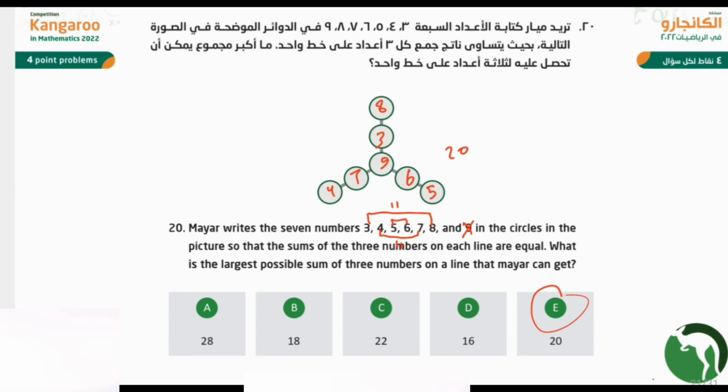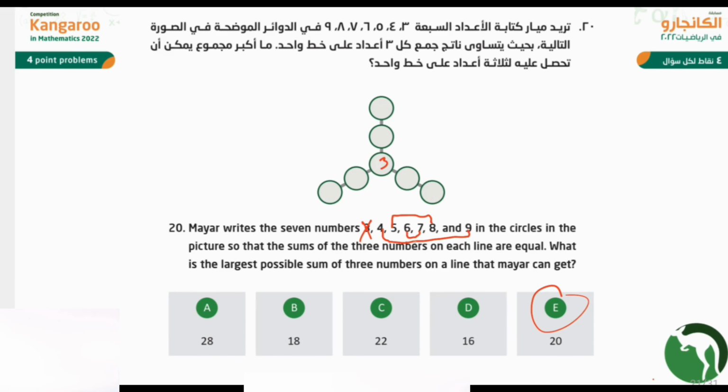Now, if we assume that they are asking for the smallest possible sum, we will replace here 9 with 3. So I will put here 3. Now we remove this number and we have these numbers as the rest of the numbers. So I will take 4 and 9 and 8 and 5 and 6 and 7.